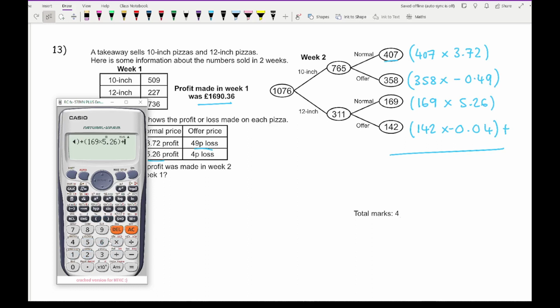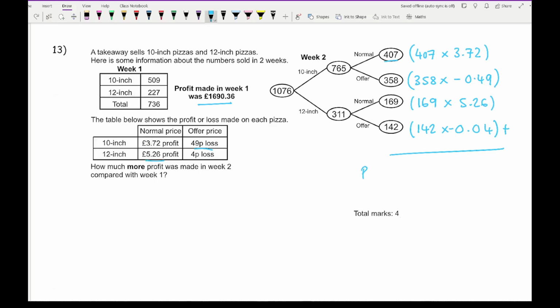And it comes up to a total profit of 2221.88. So the profit for week 2 equals 2221.88. So then the question is asking how much more profit did they make.